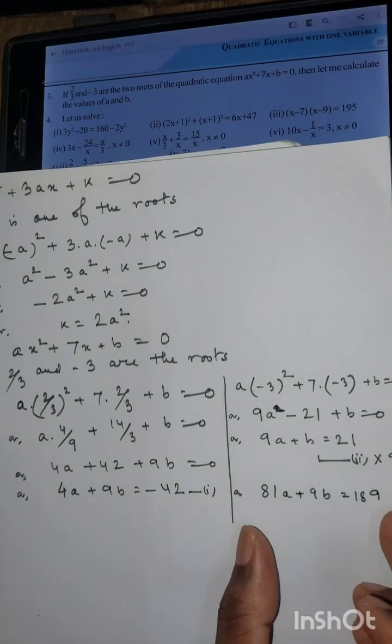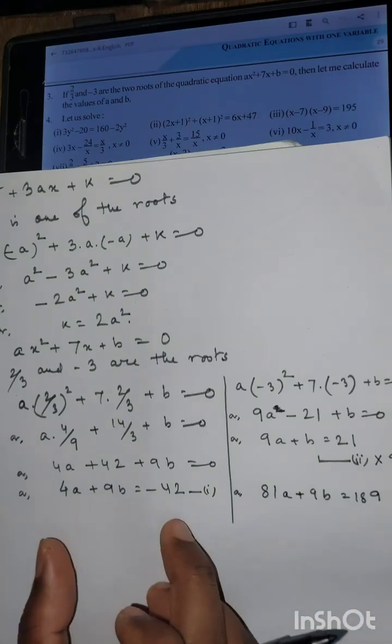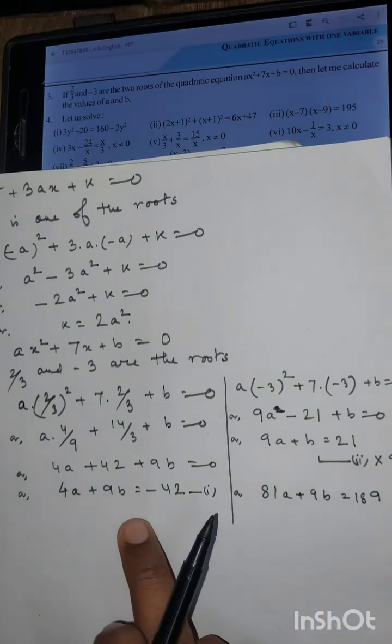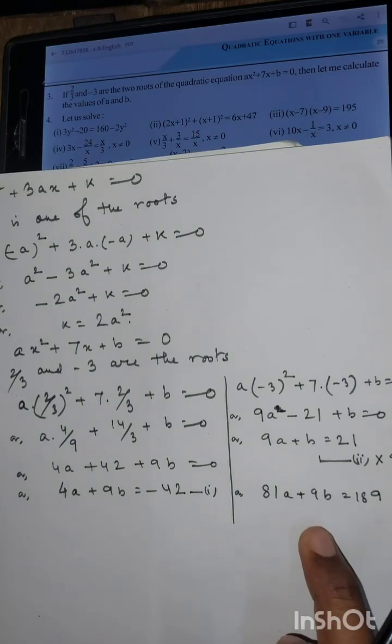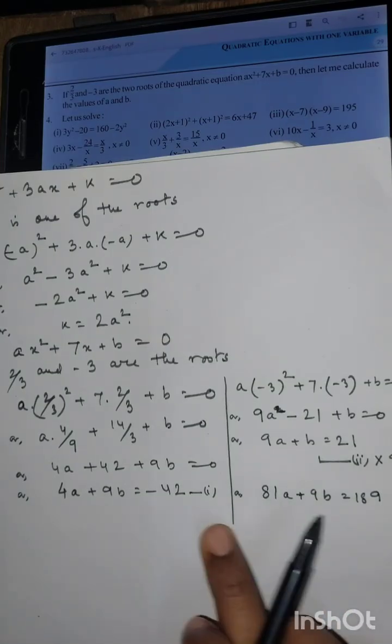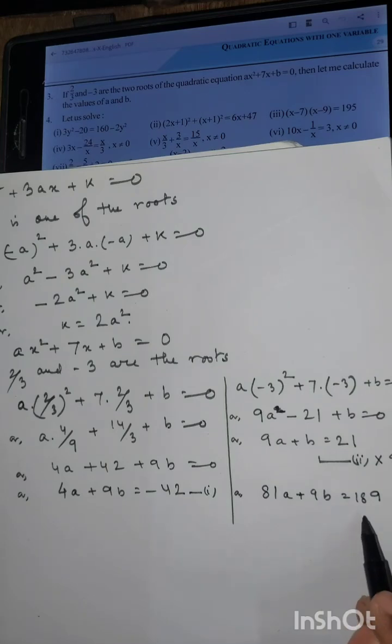Now if we just subtract equation 1 from this equation, we shall get, we are subtracting equation 1 from this. Okay, let us say this is equation 3.